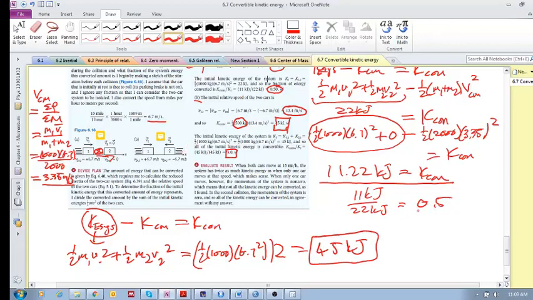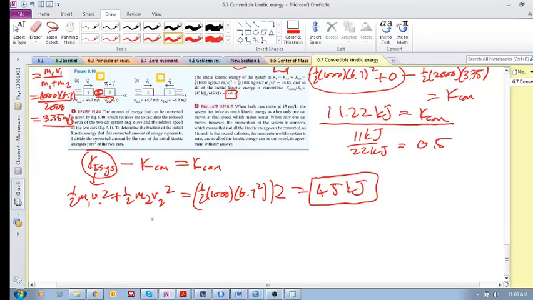Now, what does that mean? In the first one, remember that your KE system is equal to K center of mass plus non-convertible plus K convertible. Remember? This is made up of two components, your non-convertible kinetic energy and your convertible kinetic energy.